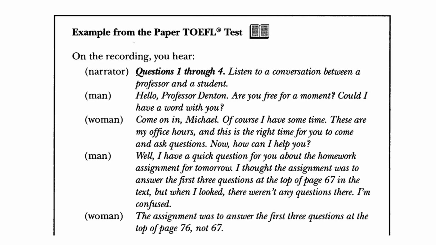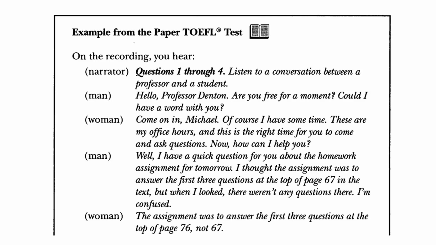Man: Well, I have a quick question for you about the homework assignment for tomorrow. I thought the assignment was to answer the first three questions at the top of page 67 in the text. But when I look, there weren't any questions there. I'm confused.